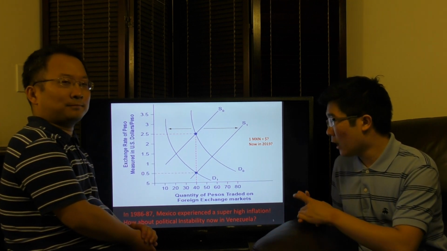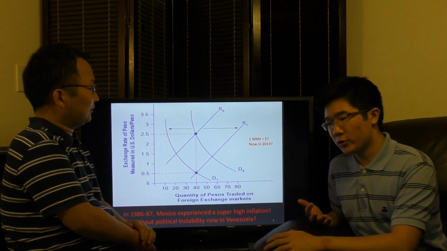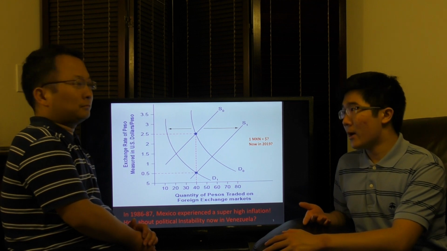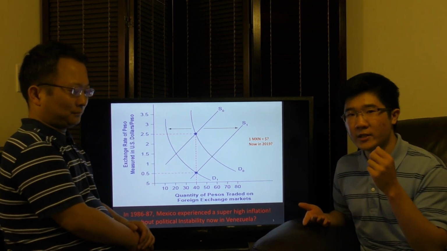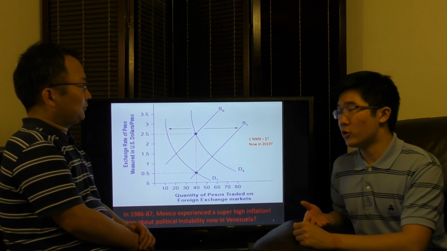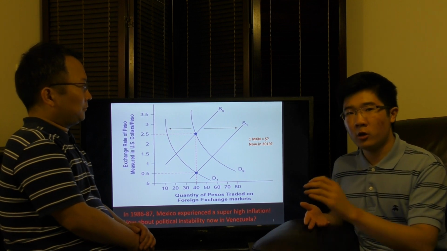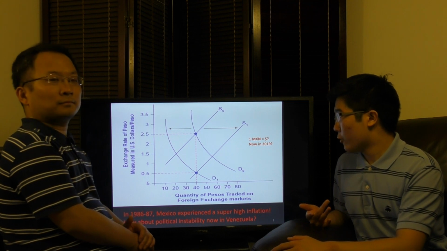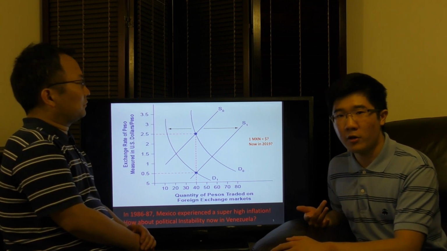The demand shifts to the left. However, those holding Mexican pesos were holding an unstable currency. Even those in Mexico who hold Mexican currency might not want to hold their savings in such an unstable peso. They might want to convert to a more stable currency, like the U.S. dollar, and hold their savings and assets in that. So they will sell their Mexican pesos to buy other, more stable currency.